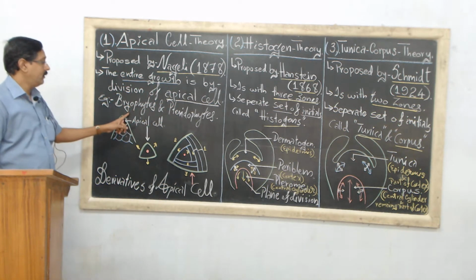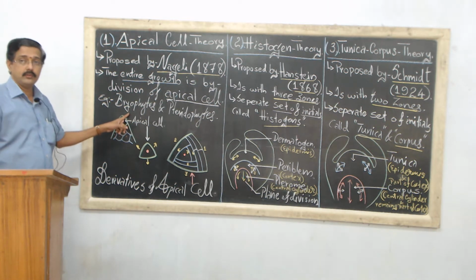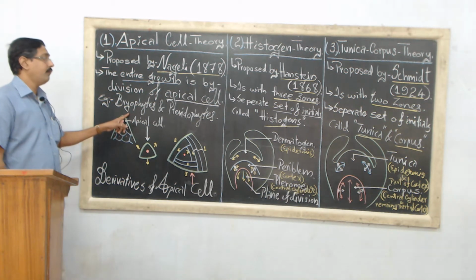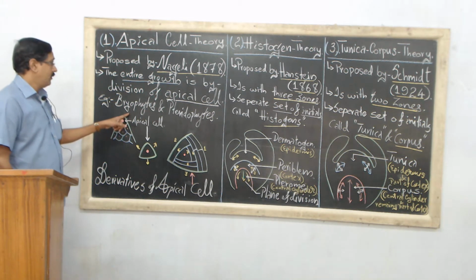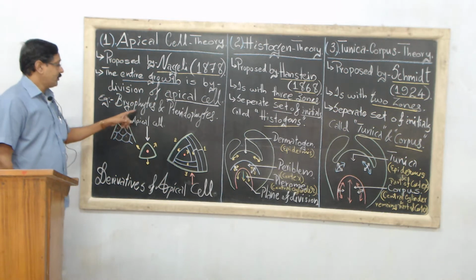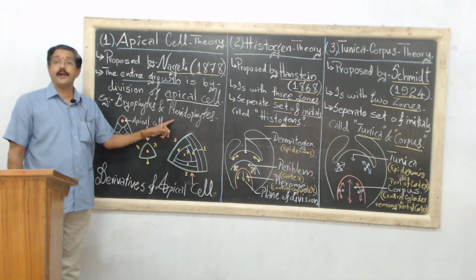and the example for such a fashion of division and organization of shoot apex is bryophytes and pteridophytes.